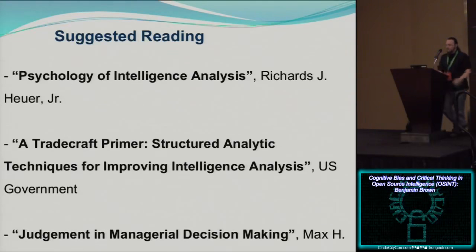And another one that was really cool that I liked was Judgment and Managerial Decision Making. And what Max does in this book is he walks you through different sort of workshops, different little activities that you can do that show your biases to you, like right in front of your face, actively happening as you're doing these exercises. It's really neat.